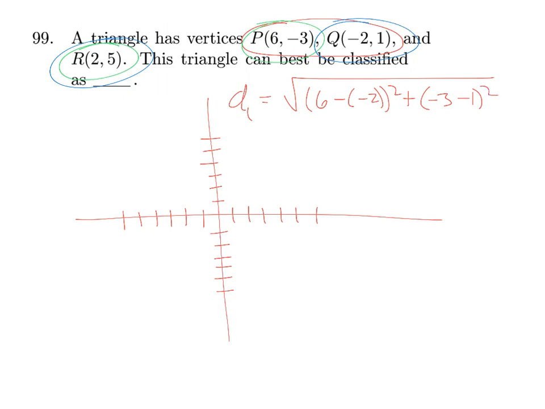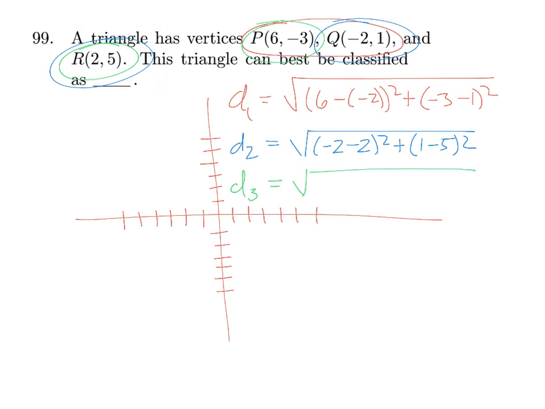Then I'm going to have -2 minus 2 squared plus 1 minus 5 squared. Then I'll have 3, so it's going to be 6 minus 2 squared plus -3 minus 5 squared.